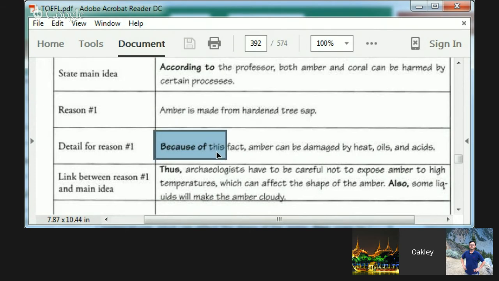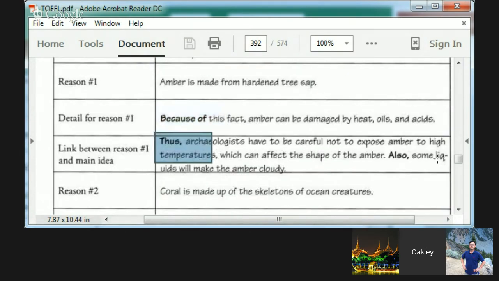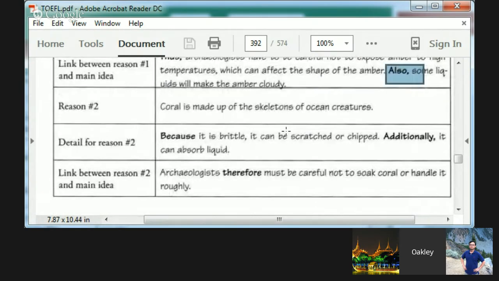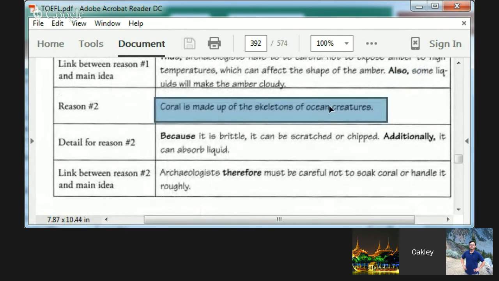And the use of connectives. Because of, thus, also, you've got to be using these. What you say in the middle, particularly in this question, really, I mean, 1,000 different people would have 1,000 different answers, honestly. There's not one particular perfect answer here.